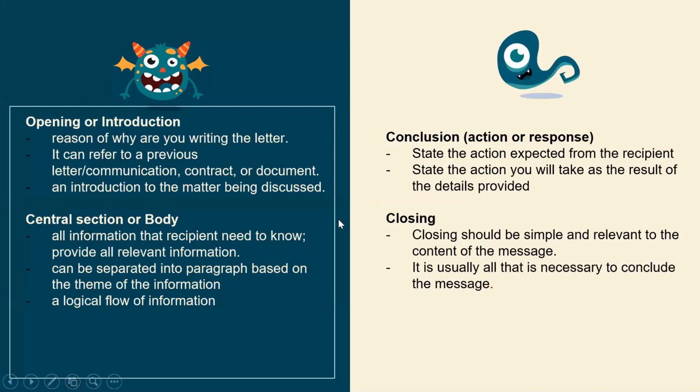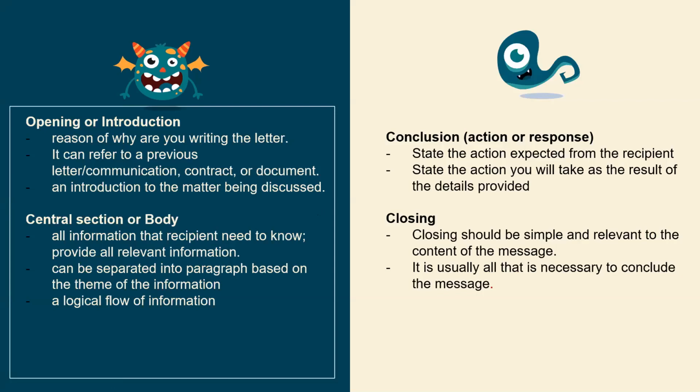In this part, you are going to write the reason why you are writing the letter, and you can also refer to a previous letter, communication, contract or document, and then you can also introduce the matters being discussed.